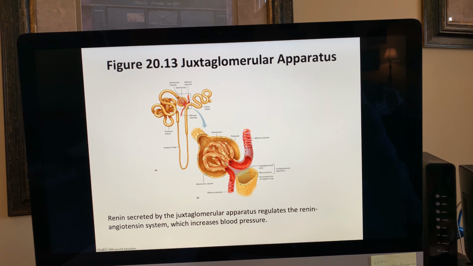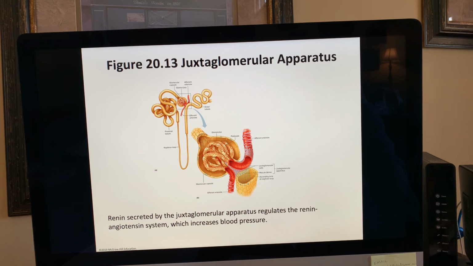And this is the distal tubule here with these specialized macula densa cells that monitor the flow in that distal tubule. And they communicate with specialized smooth muscle cells surrounding the afferent arteriole. Those smooth muscle cells, because remember, arterioles have smooth muscle around them, are called juxtaglomerular cells.